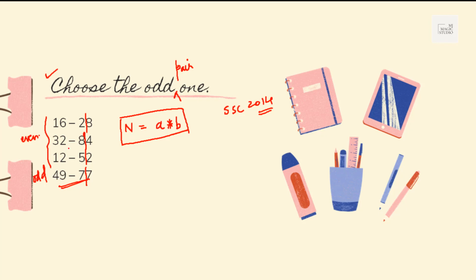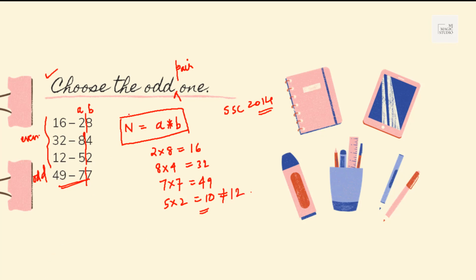I can see it's possible with a few at least. If the first digit is A and the second digit is B, 2 into 8 is 16, that's why 16 matches up with 28. 8 into 4 is 32, it's matching. 7 into 7 is 49, it's a match. 5 into 2 is 10, and it is not equal to 12.